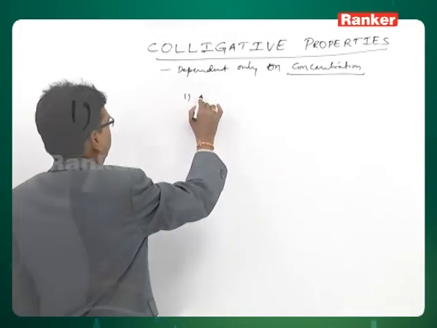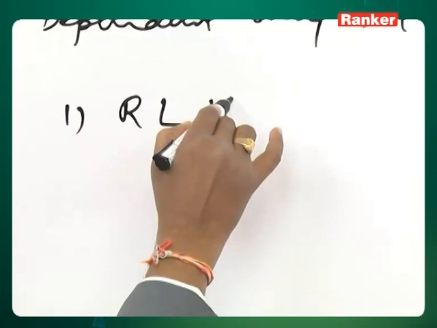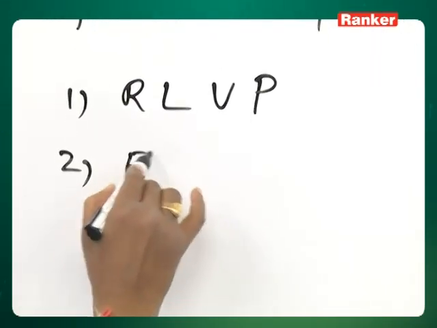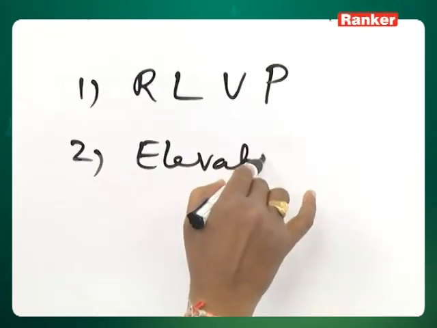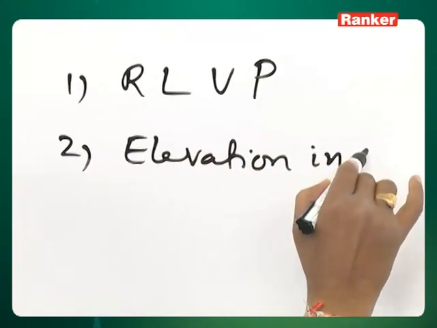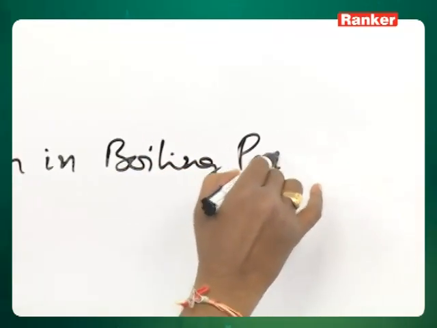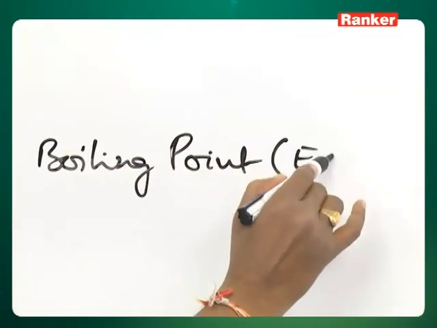One is relative lowering of vapor pressure. Second one is elevation in boiling point, EBP.